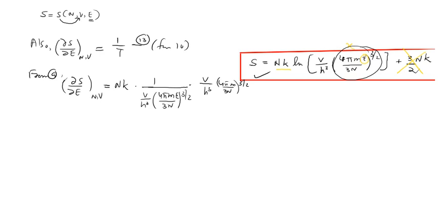Then E raised to 3 by 2 is there. What will be the derivative of E raised to 3 by 2? That should be equal to 3 by 2 E raised to 1 by 2. Please check it by yourself, just simple differentiation. So what happens is that everything else, other than this E raised to 3 by 2, will be getting cancelled away. So this particular thing will be remaining.